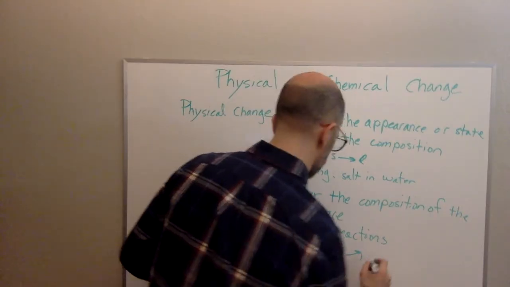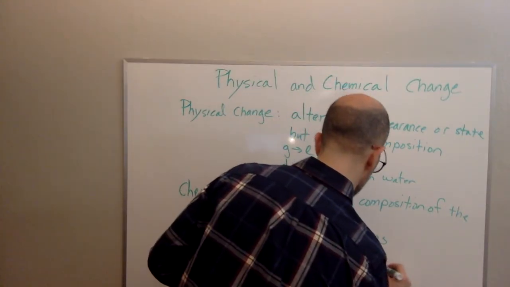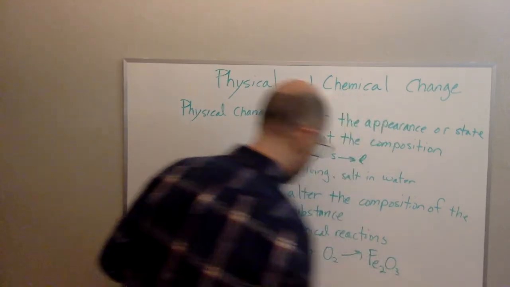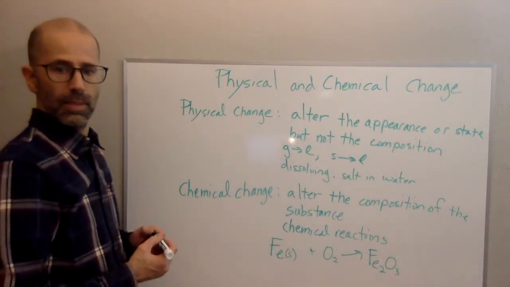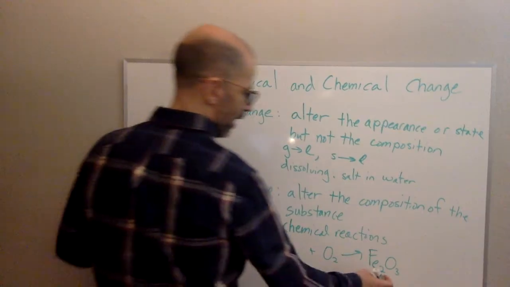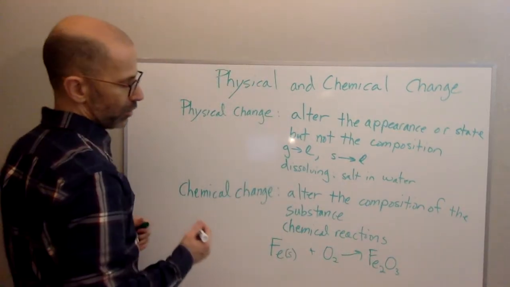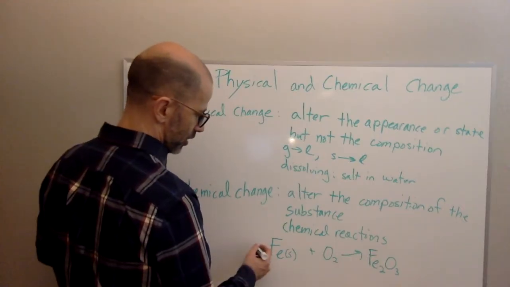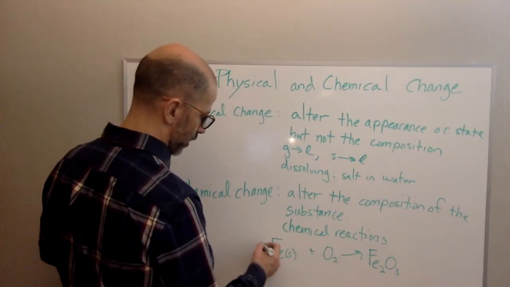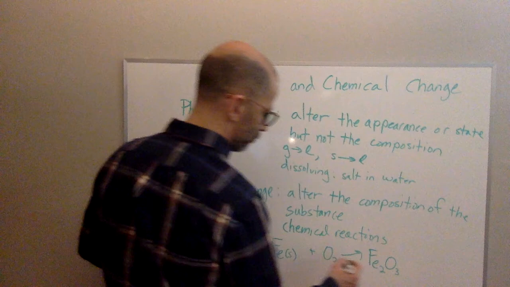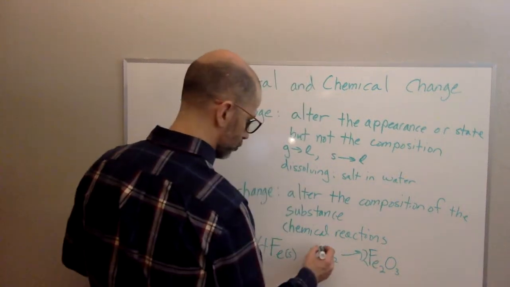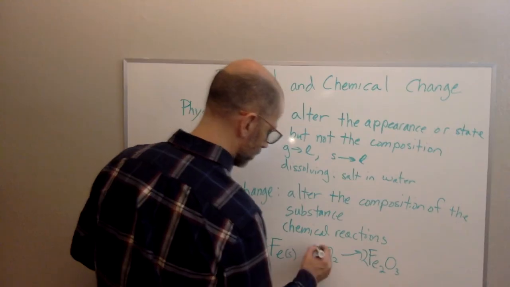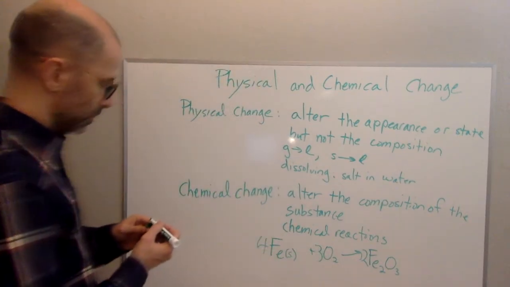And rust is going to be that formula there. So this is iron 3 oxide. If I balance the equation, I believe we would have 4, 2, oops, that's going to be 3.